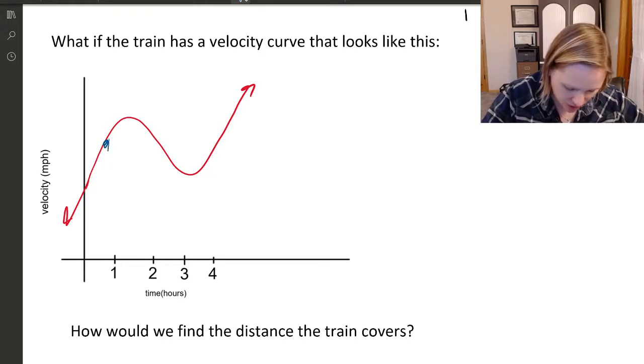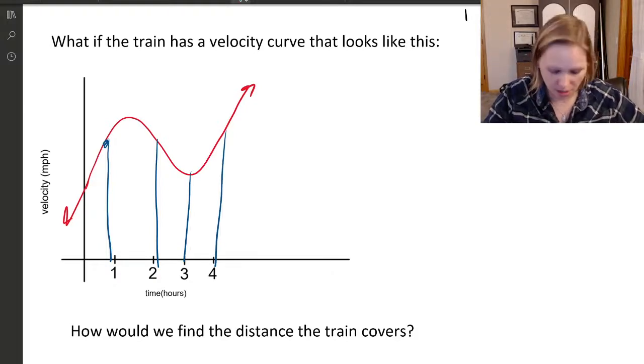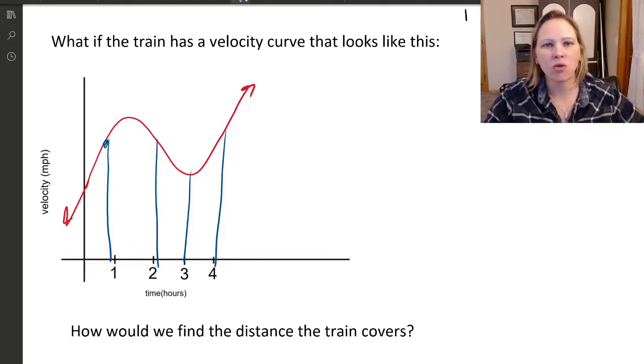You'd have to figure out, okay, well, I need some data points, and I would drop little lines down, and I'd partition, and I'd slice. And one of the really common and easy ways to slice up a curve is, instead of using triangles or trapezoids, just using a really basic shape like a rectangle.